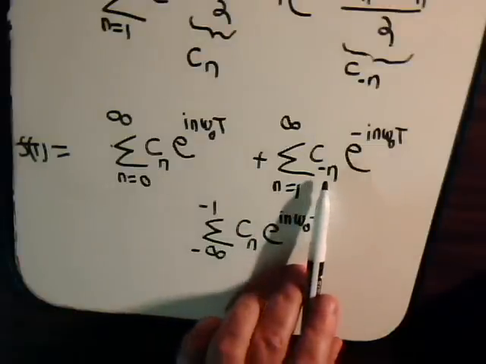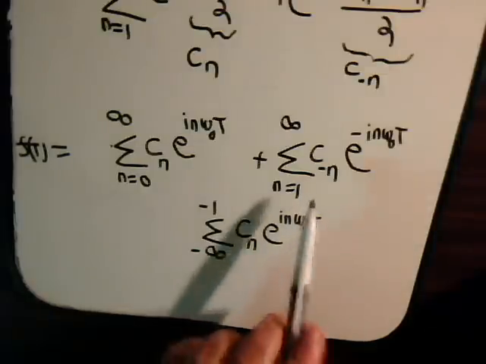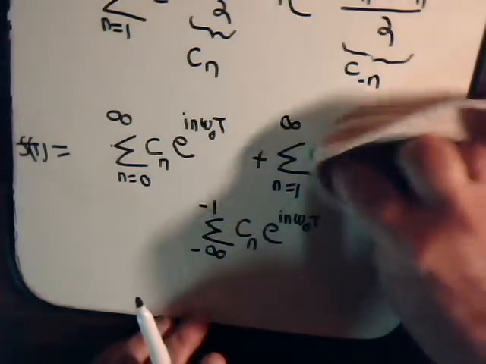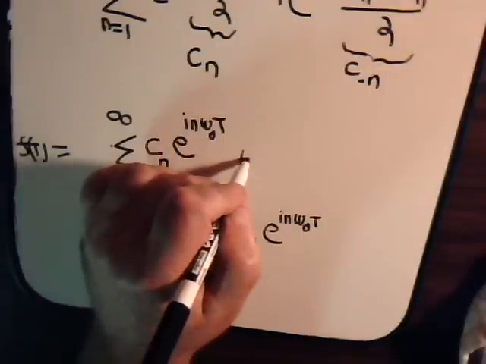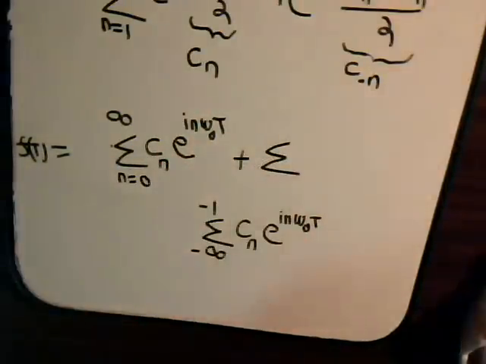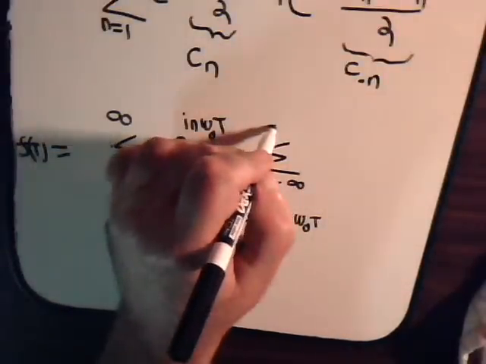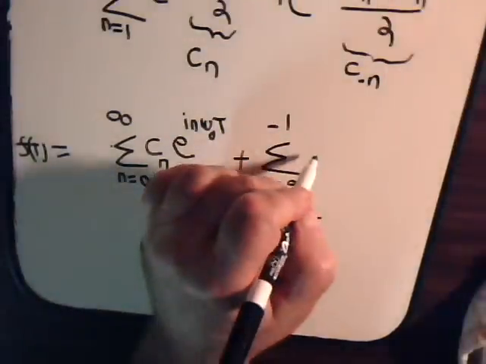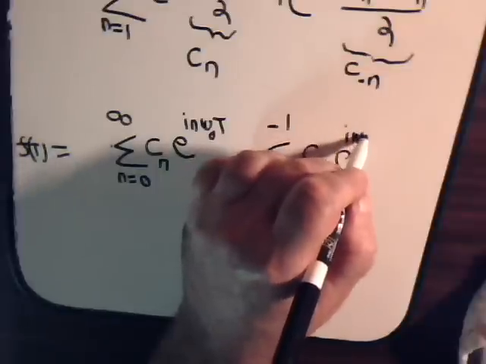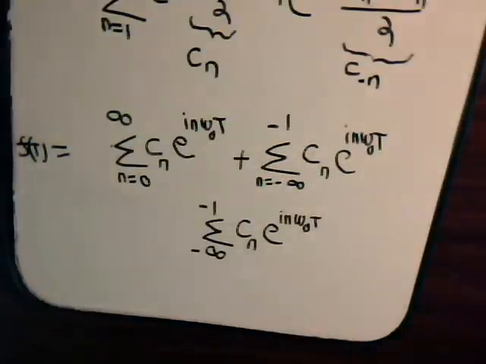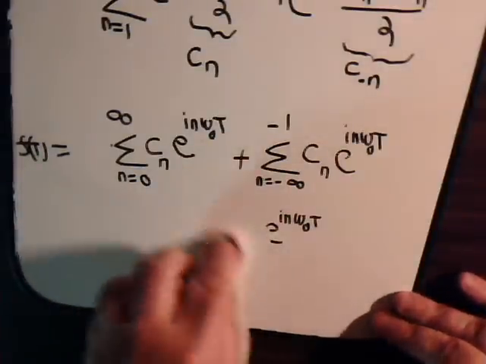So in place of this, we can now insert this. So let's erase this. We have plus the sum, n goes from minus infinity to minus 1 of c sub n e to the i n omega t. And we don't need this down here any longer.